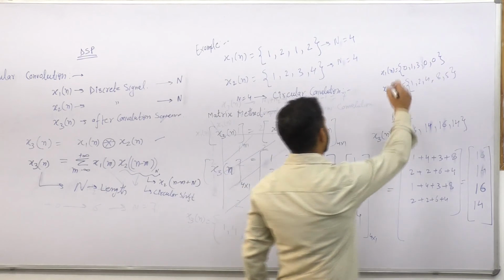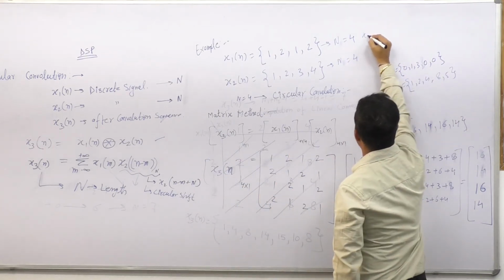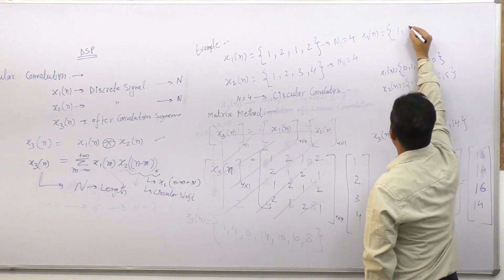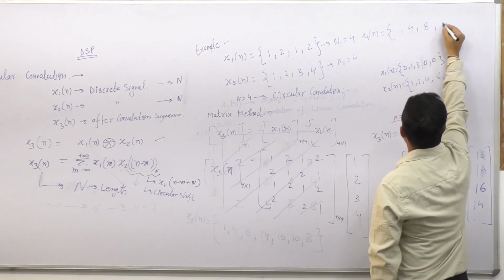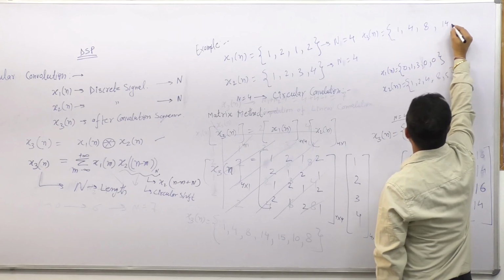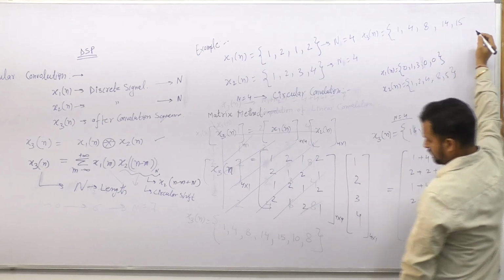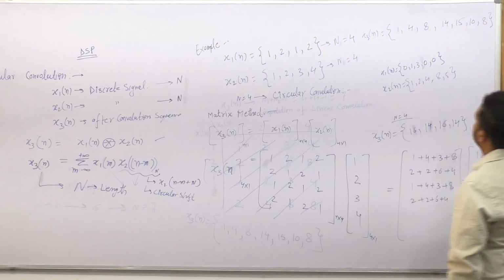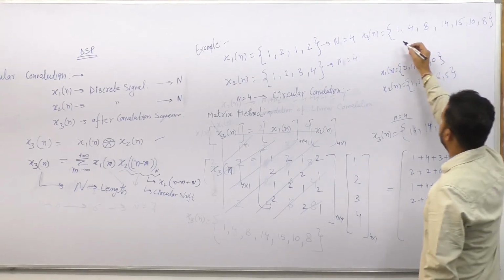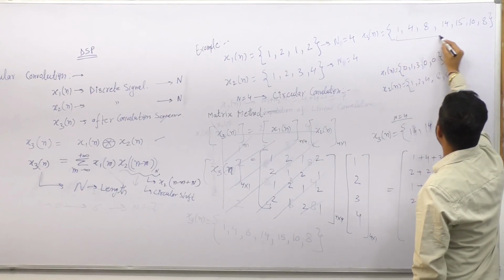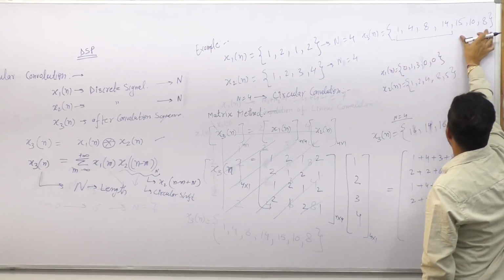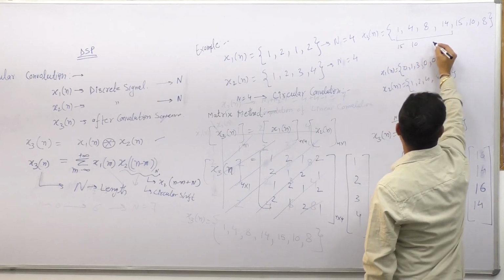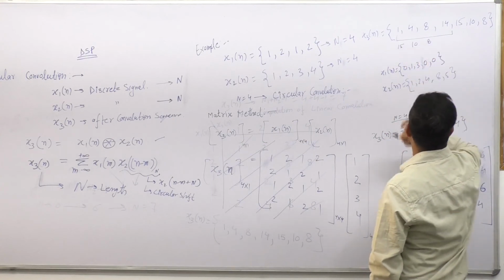And what about the linear convolution output? If I write down over here, x3n, linear convolution output, what was the value? 1, 4, 8, 15, 15 or 14, 14, and then 15, 10, 8, right? If I will fix the 4 values like this, and I place these values like this, 15, 10 and 8, right?